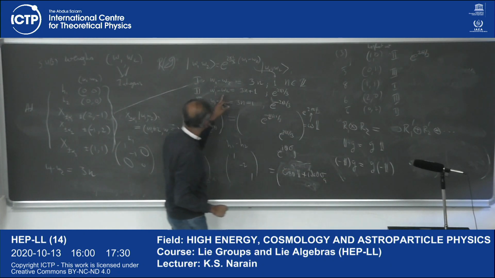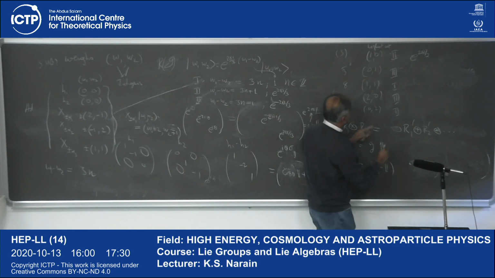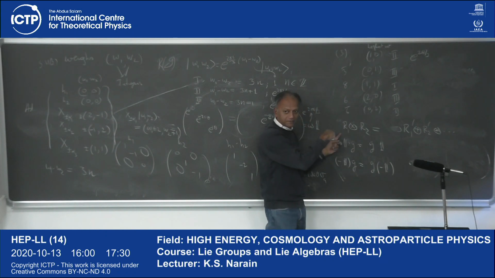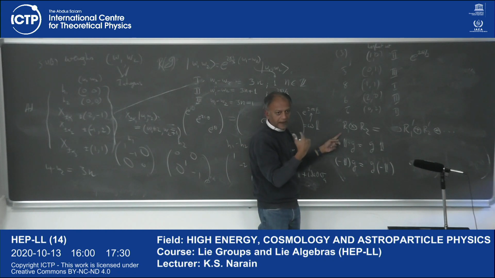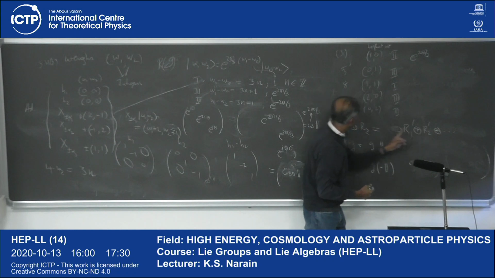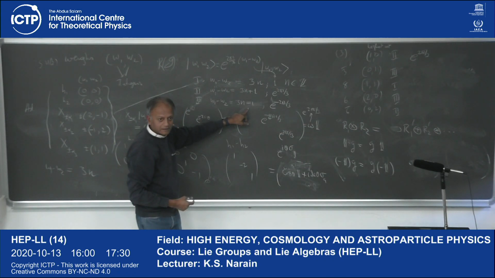If I take both of them fundamental, each picks up a phase e to the 2 pi i by 3, which means e to the 4 pi i by 3, which is the same as e to the minus 2 pi i by 3. So every term here must therefore be in the third class. So that's one check.